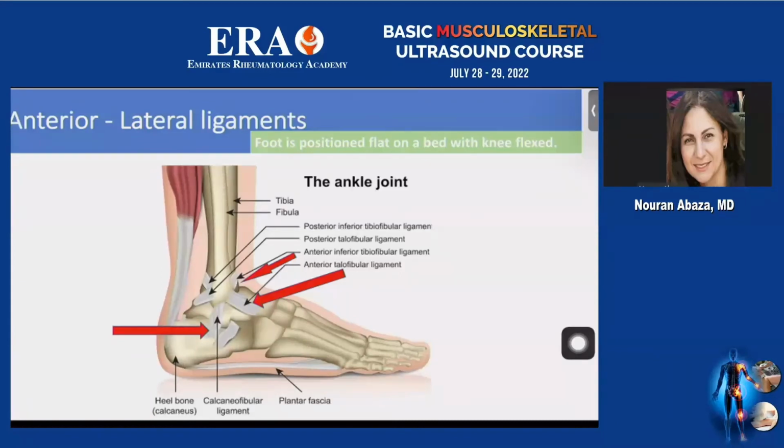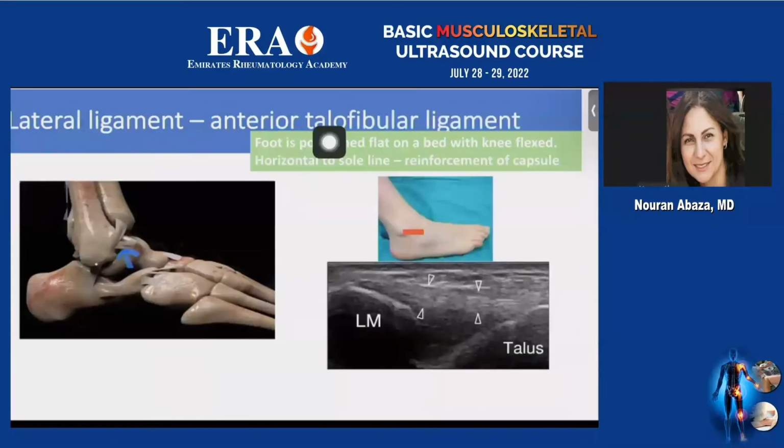First one is the anterior talofibular ligament. For the anterior talofibular ligament, here you will position the probe parallel to the examination bed and to the sole of the foot, so that you can see this one with the blue arrow.